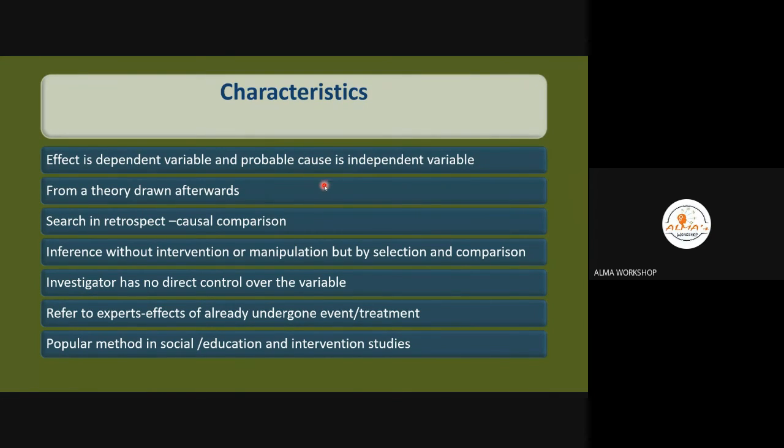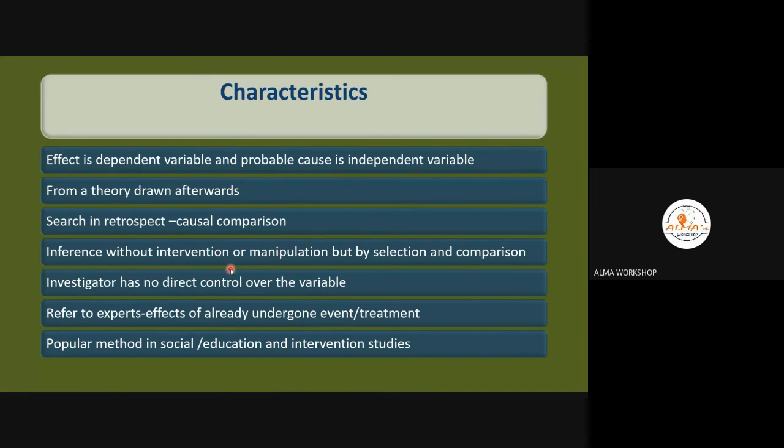Think about an accident. The accident has occurred, and you are trying to find out why and how. That is the theory. So you form a theory from the incident that has happened and search in retrospect, causal comparison.